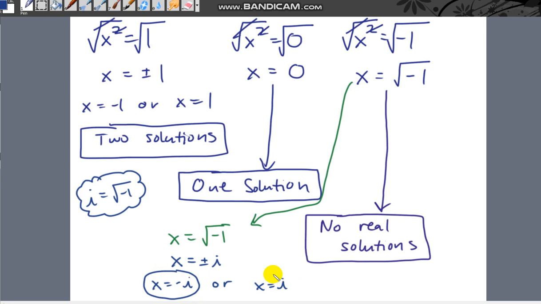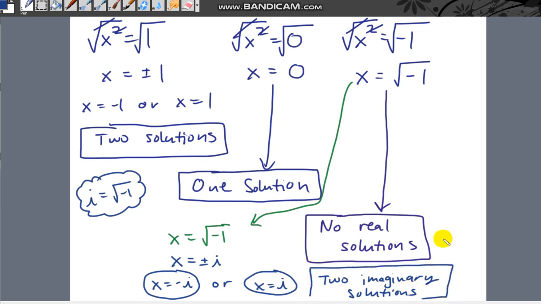So having no real solutions is the same thing as having two imaginary solutions. These two statements are basically the same thing, if you're wondering.